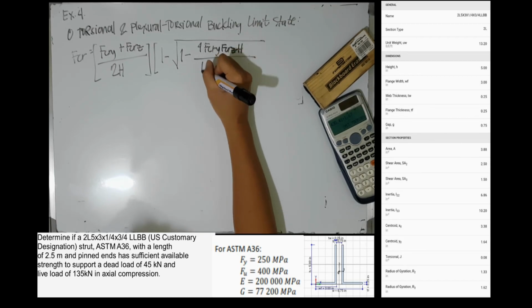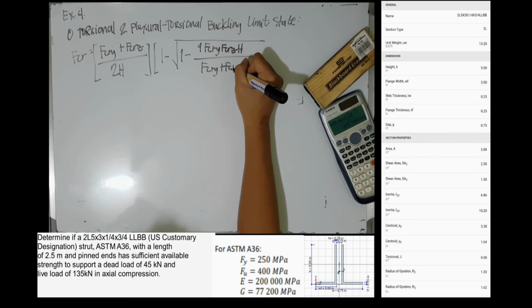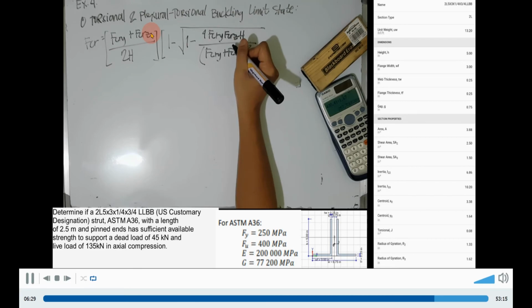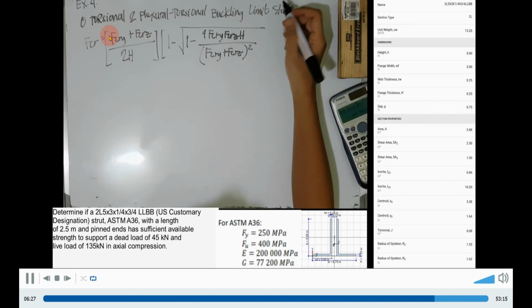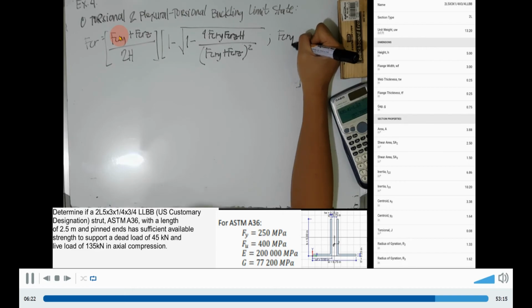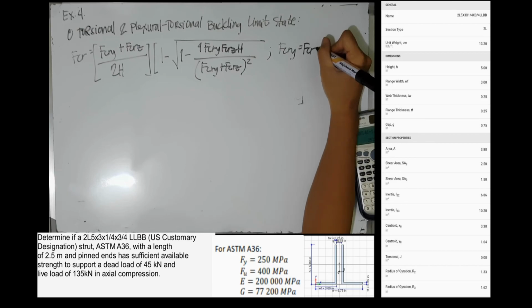And also, we will determine the critical torsional stress. This one, the FCRJ, the critical torsional stress, and the critical stress, na makikita niyo yung formula in our NSCP under section 505.